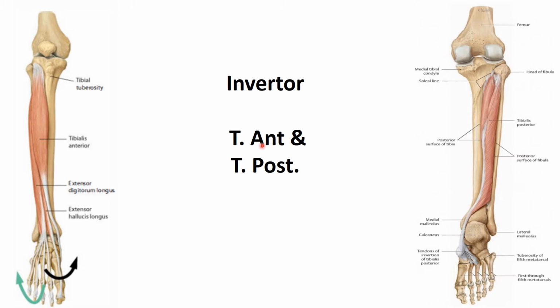But as inverters and adductors, tibialis anterior and tibialis posterior raise the medial border of the foot above the ground, so they are not able to maintain the integrity of this.